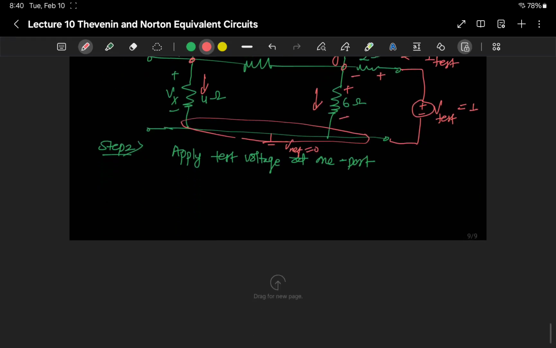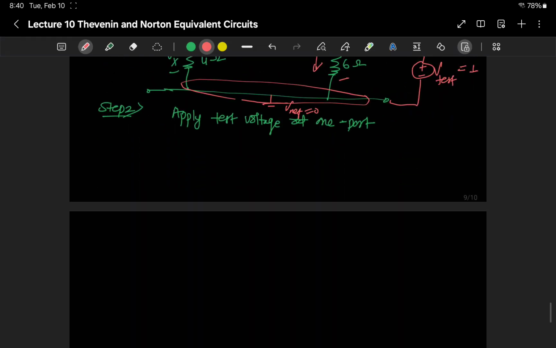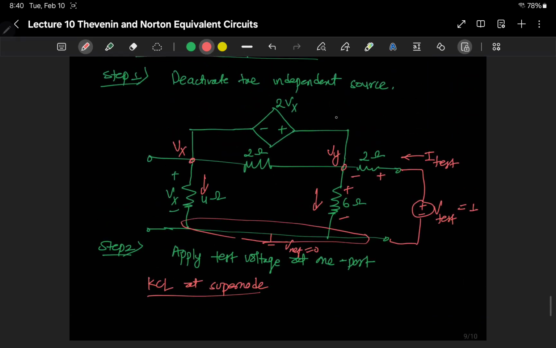So the next step is KCL at the supernode. And remember, this was our supernode. Whenever we have a dependent voltage source in parallel with the resistor, that is a supernode.